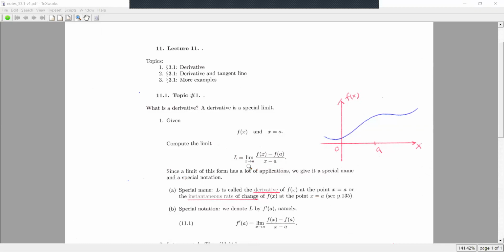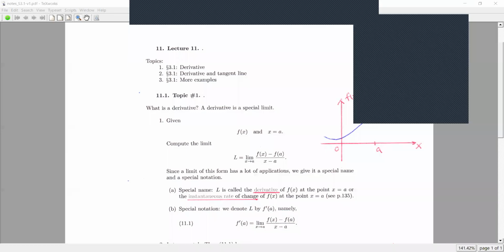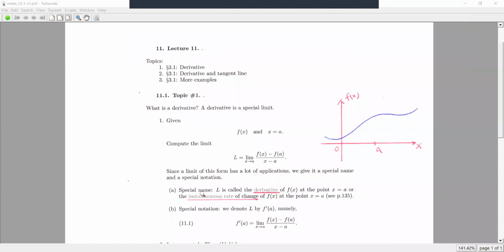Because a limit of this form has a lot of applications, we give this limit a special name and a special notation. The special name is, we call L the derivative of the function f at a point a. This is a popular name.